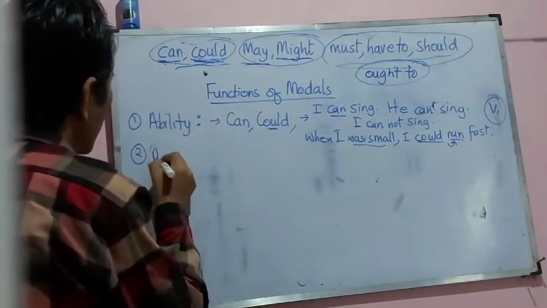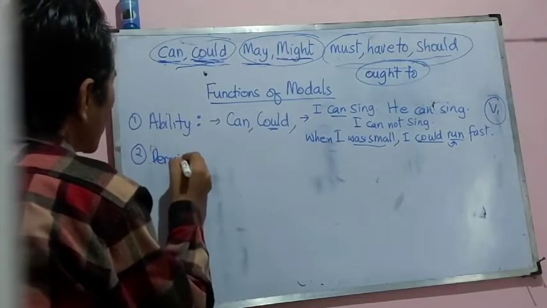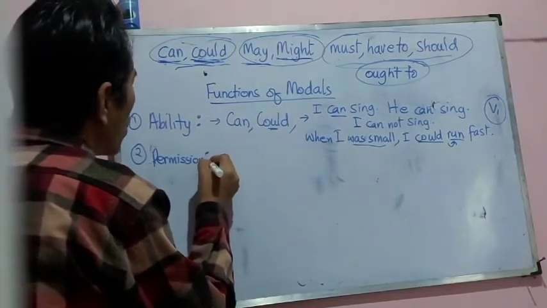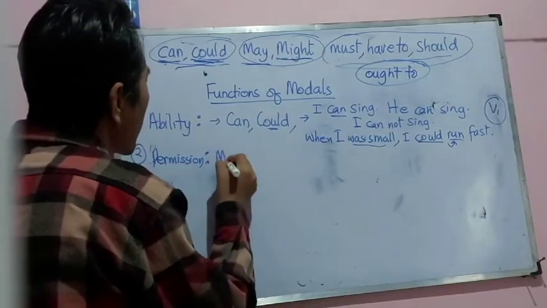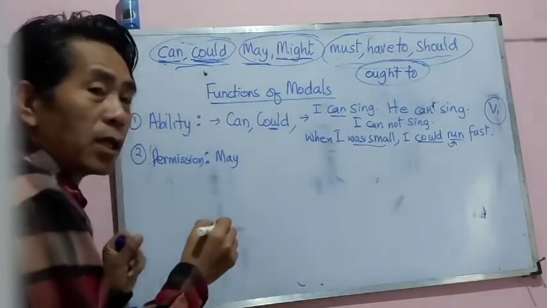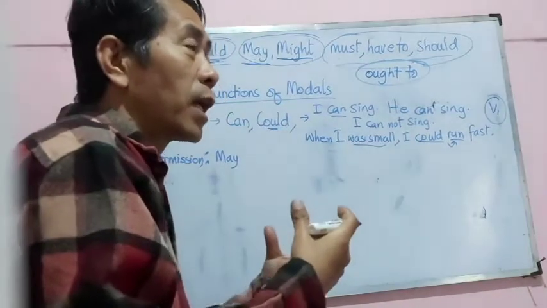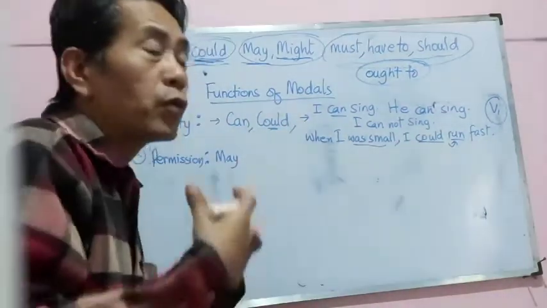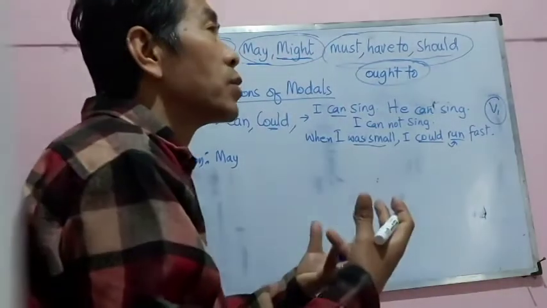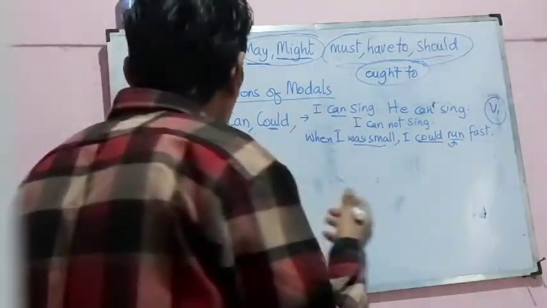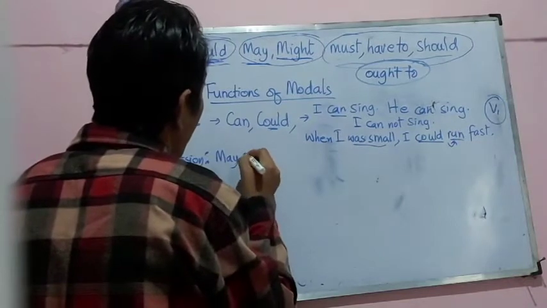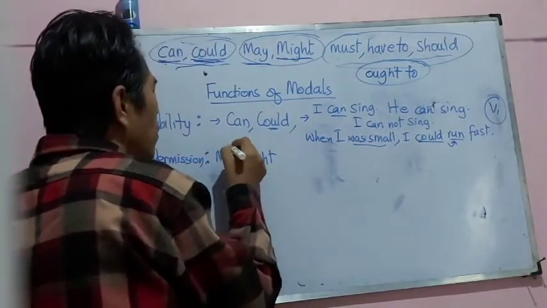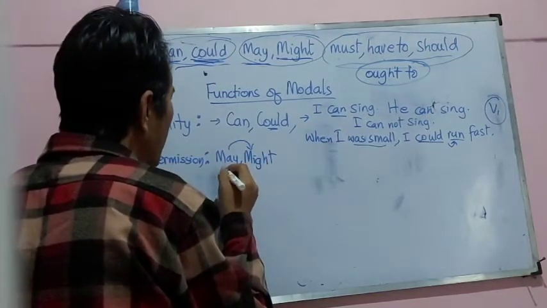The second one is permission. You seek permission. We use the model, for example, may. So if you want to go out, you have to seek permission. So how do we use it? May I go out? May I use this? May, might.